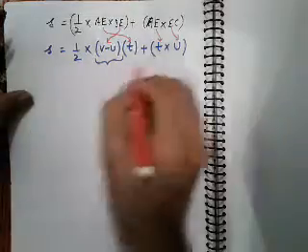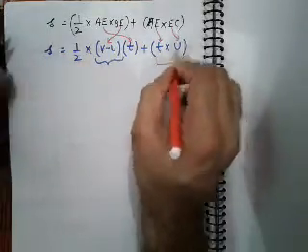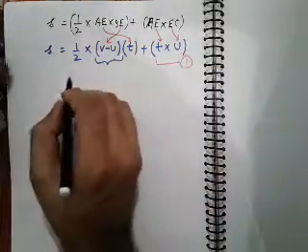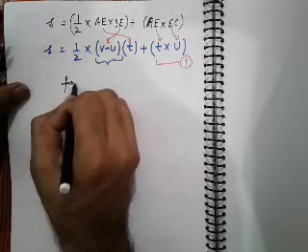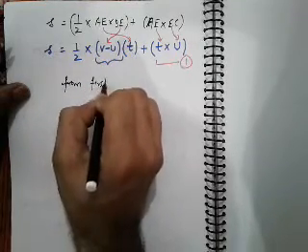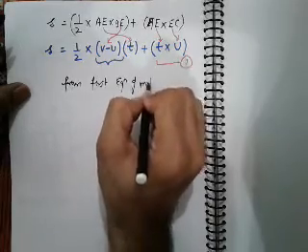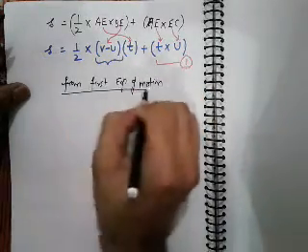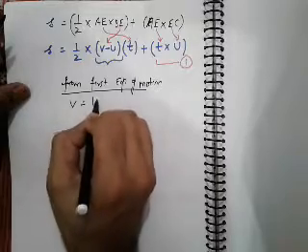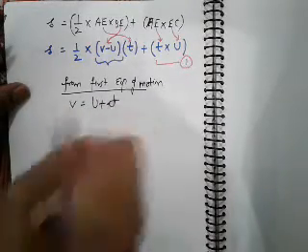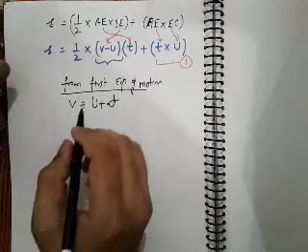So I mention this as equation number 1. Now from the first equation of motion, V is equal to U plus AT. This is the first equation of motion.